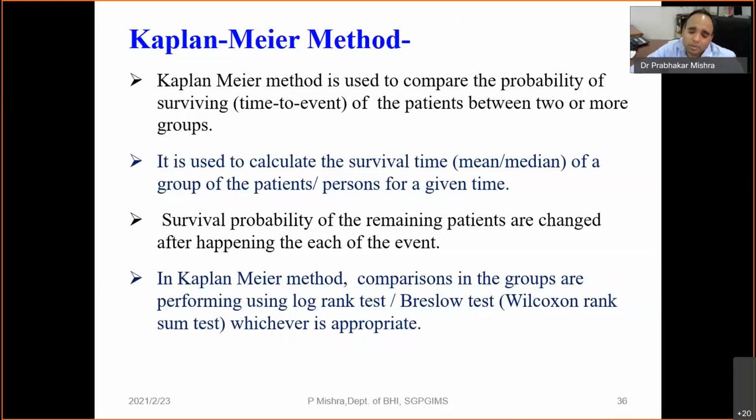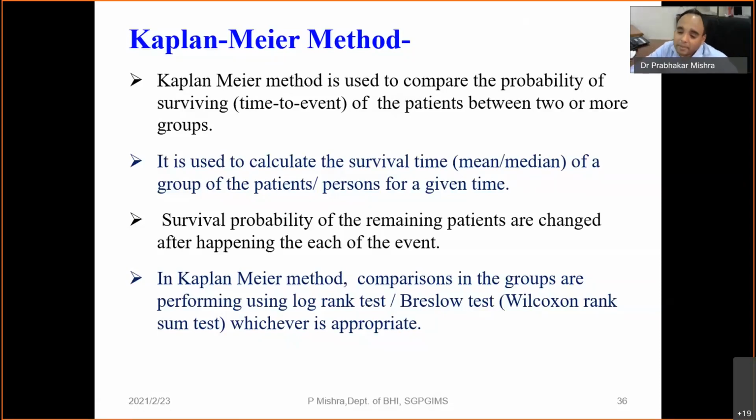It is used to calculate the survival time, mean and median, of a group of persons for a given time. First we decide the study duration. That mean and median time is usually also called the event-free survival time of a group of patients or persons for a given time, and given time means study duration.